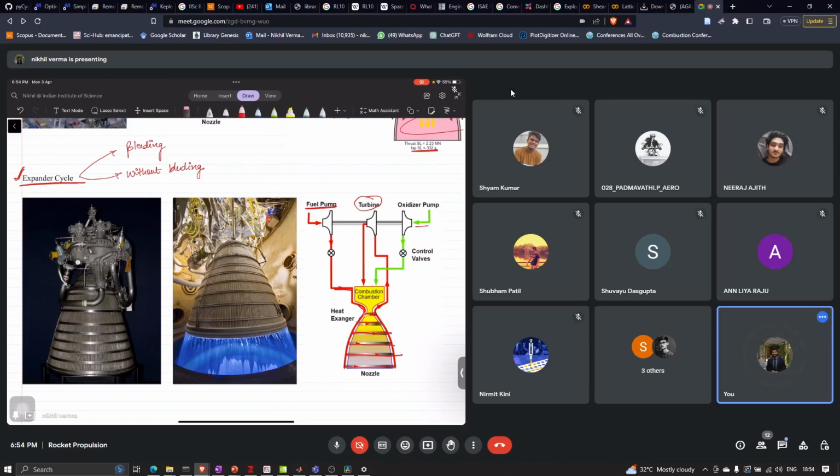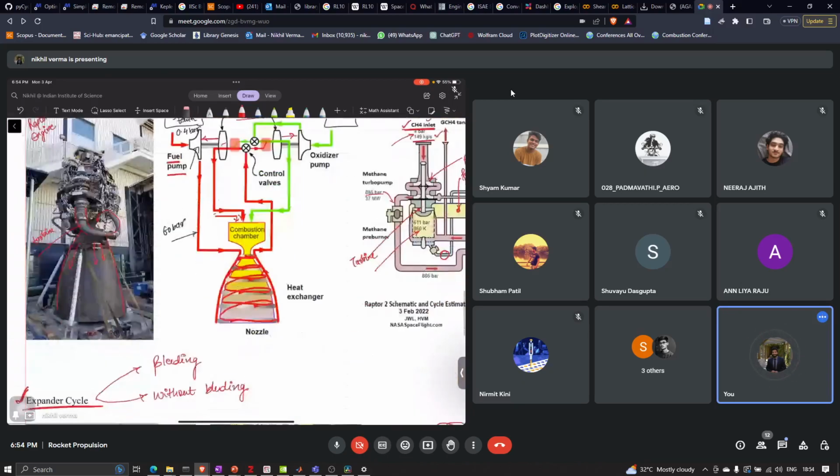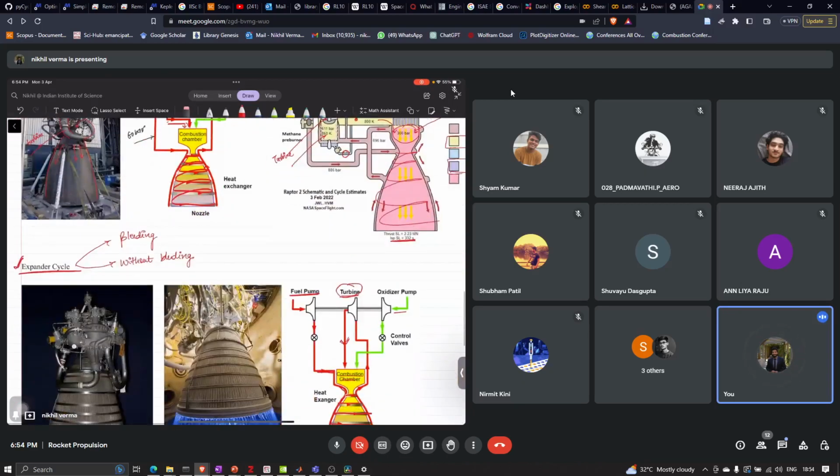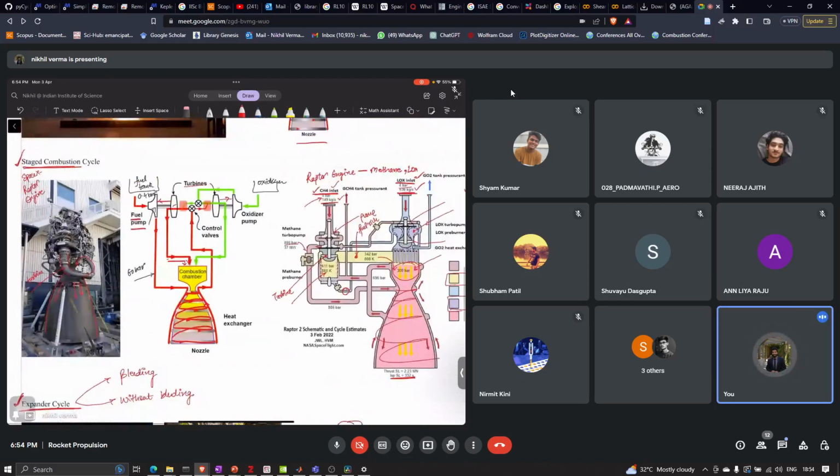In the turbine we have an enthalpy drop, and we again send this to the combustion chamber. So this is how a staged expander cycle looks like. Since it has only a turbine and does not have any more parts, it looks relatively smaller as compared to a staged combustion cycle.